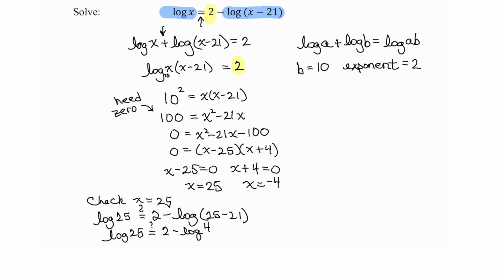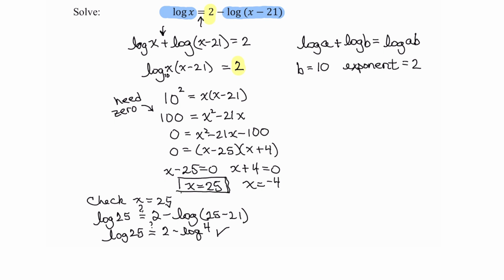And when you put these through your calculator, you'll see that you'll get the same on the left as you do on the right. And I'm taking the log of positive quantities, so yes, that checks. x equal 25 is a solution to our equation.